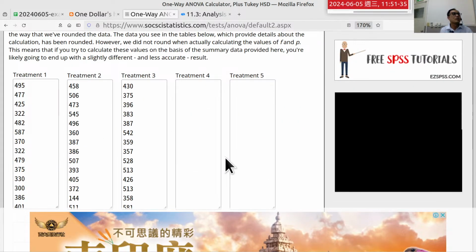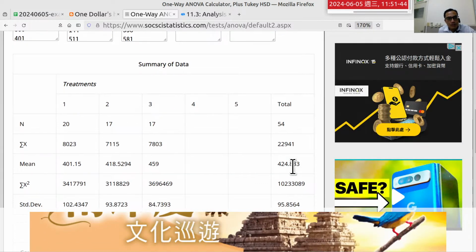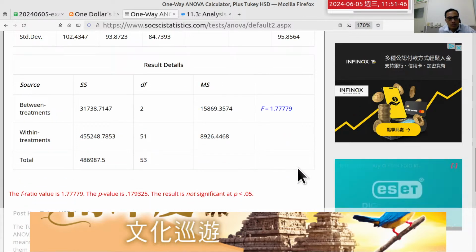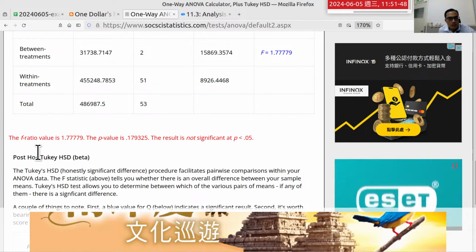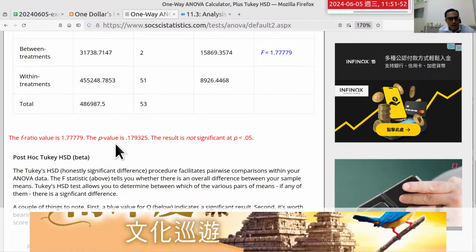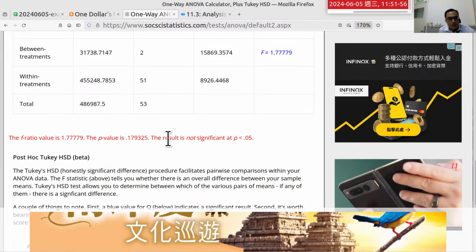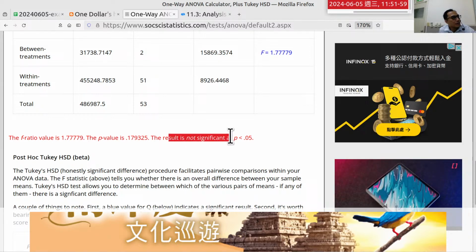Personally, before I watch the results, I think no significant difference because the values are very close. Okay, the F ratio is 1.7, the p-value is 0.179. The result is not significantly different at the level here.